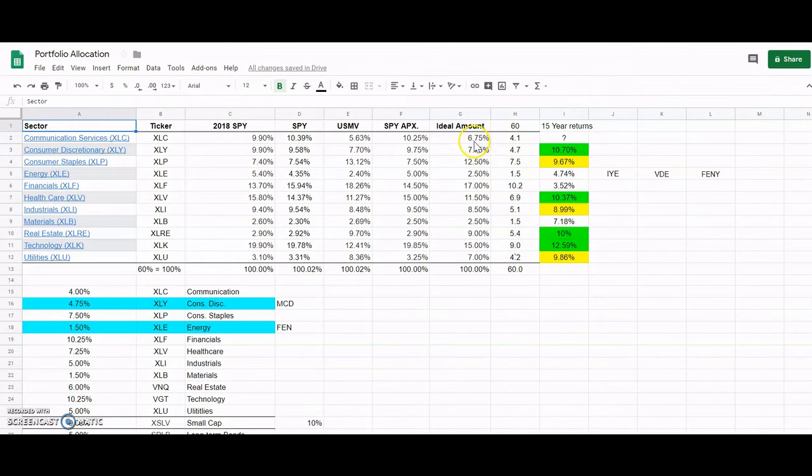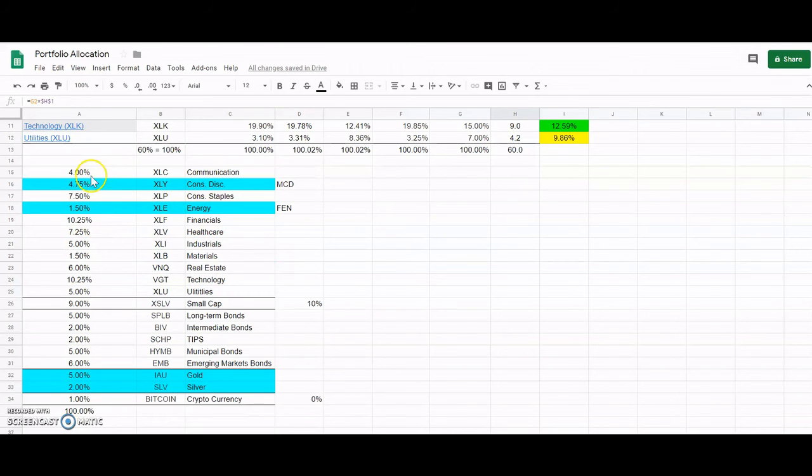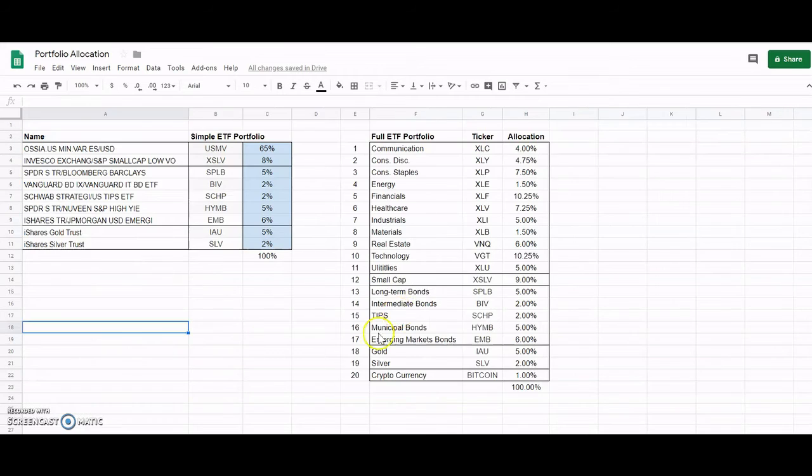What's 60% of 6.75%? It's 4.1%. So I estimated about 4% of my total portfolio in communications and so forth, right? And that's how we get to these numbers over here.